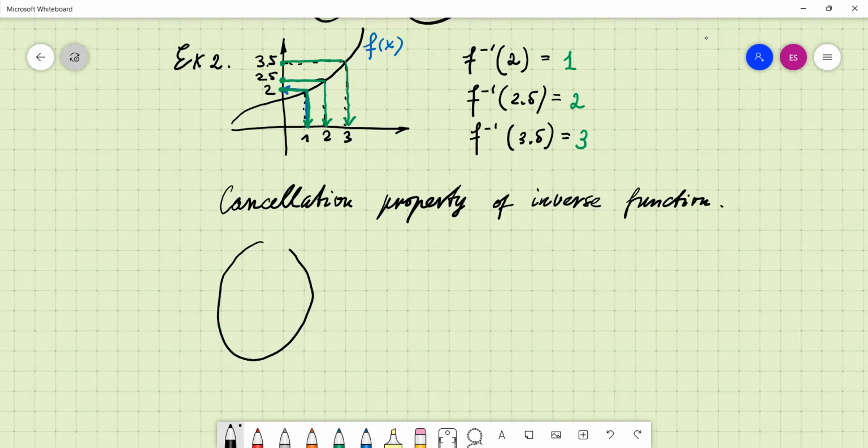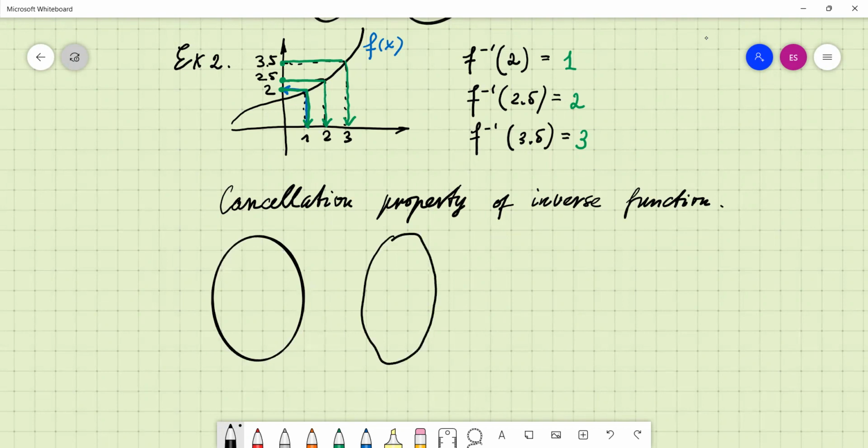So guys, you have the domain, that was x, that was the direct function f, and this is the image f of x, right? So what is the inverse function going to do? It's going to take this number and convert it into this x, right?